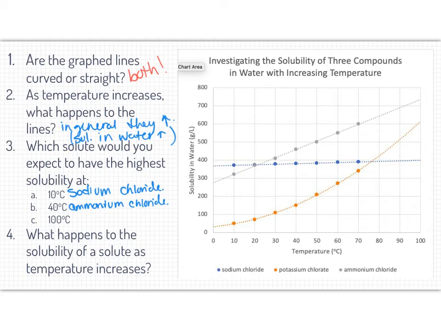So these ones were plotted points that we actually could have tested in the lab, and then I put a line of best fit through them. I drew a line through those points. And I just kept extending it to 100 degrees Celsius because it's hard to measure in boiling water. Same thing with all of our lines. All right, so at 100 degrees Celsius, we said that it is still ammonium chloride.